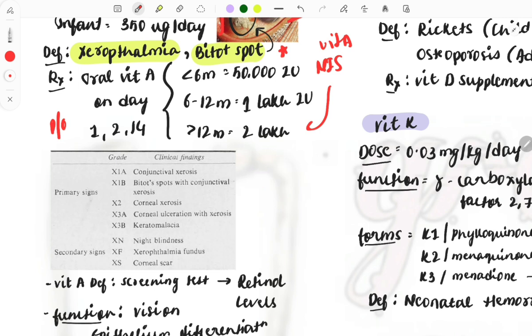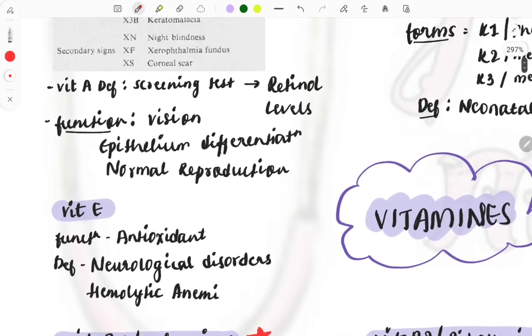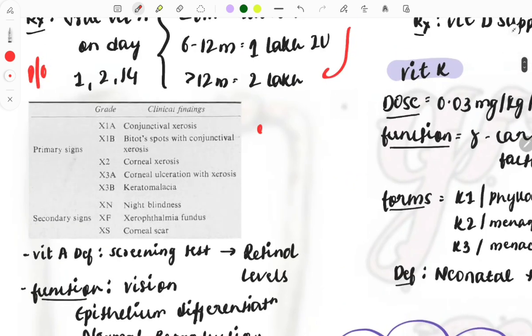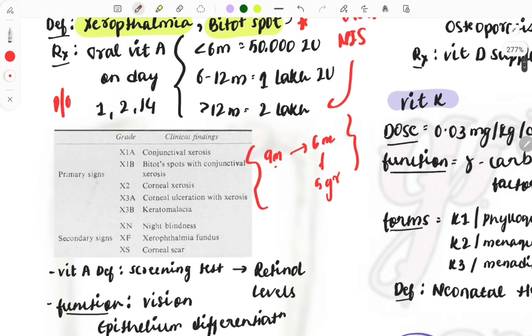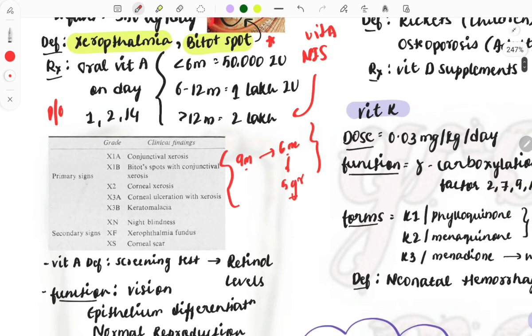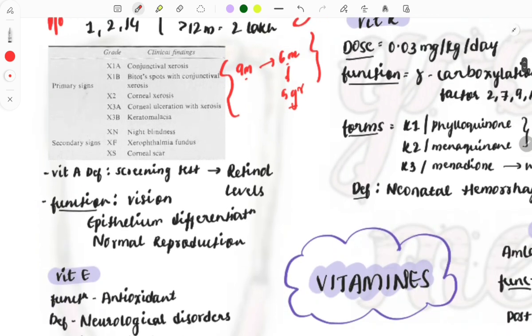In the national immunization schedule, I think I've not written it. We will be starting it from the 9th month onward, and we will be giving it every 6 months till 5 years. Maybe I'm not able to recall exactly, but I think 9 months, 6 months, and 5 years. Okay, so this is about the NIS.